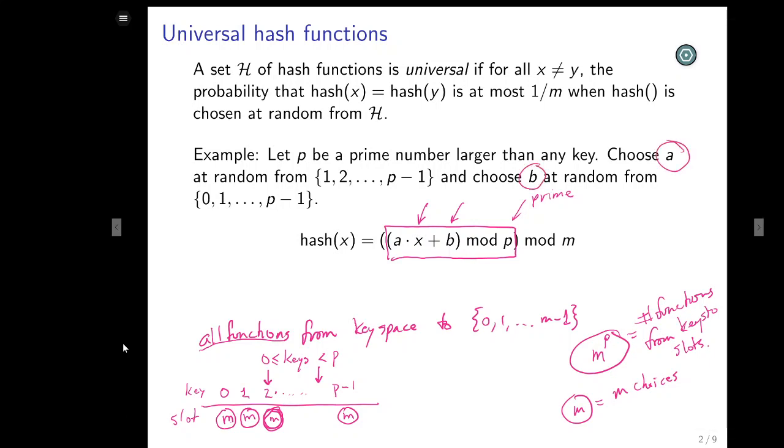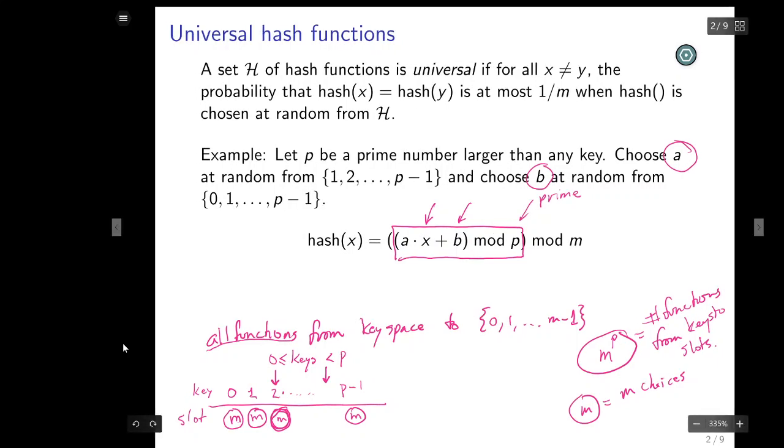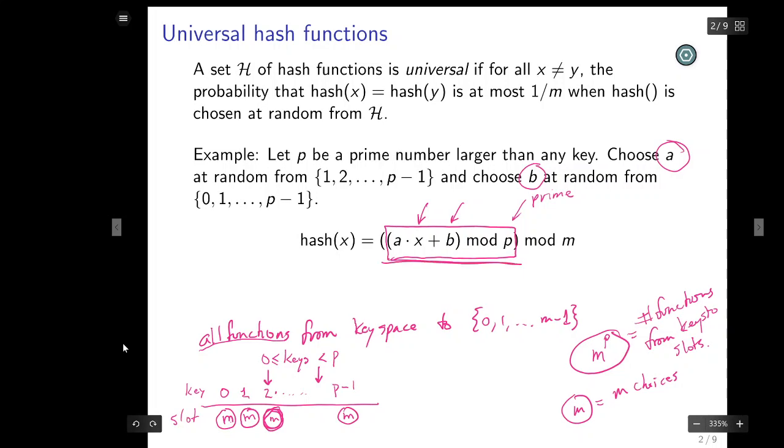A is chosen from a set of size p minus 1, B is chosen from a set of size p, and after I do that, I just use this formula with those random values plugged in for A and B as the selected hash function. And this gives me probability at most 1 over m that two values will hash to the same location if they're different.